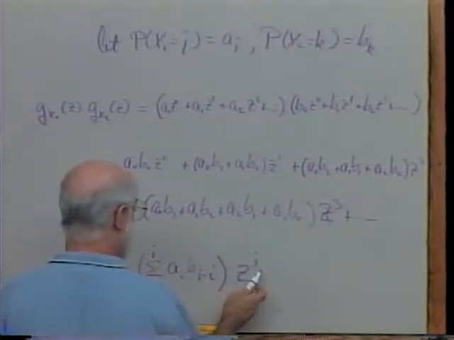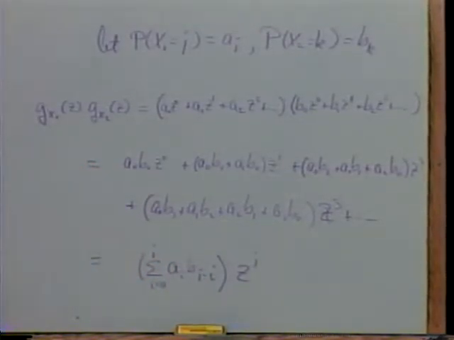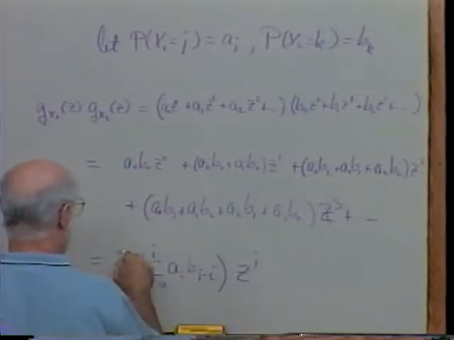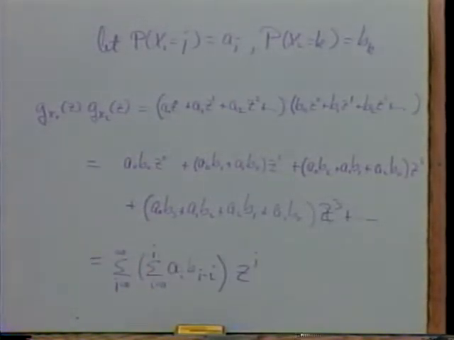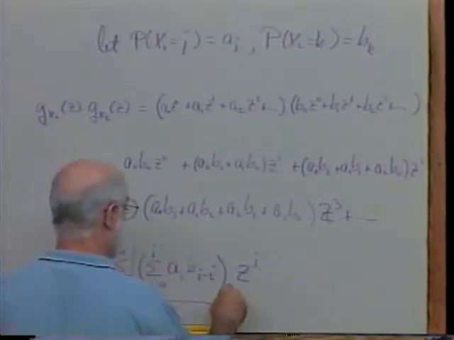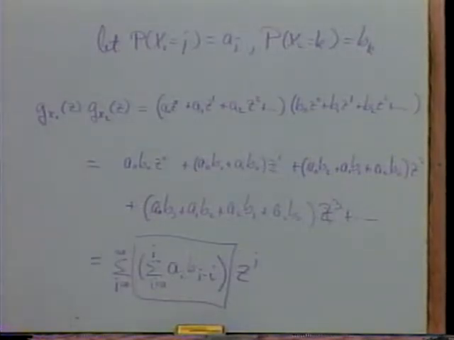That's the thing that multiplies z to the j. And then, of course, I have all of that summed over all j from 0 to infinity. Now I recognize what this piece right here is. Well, that's just the convolution.